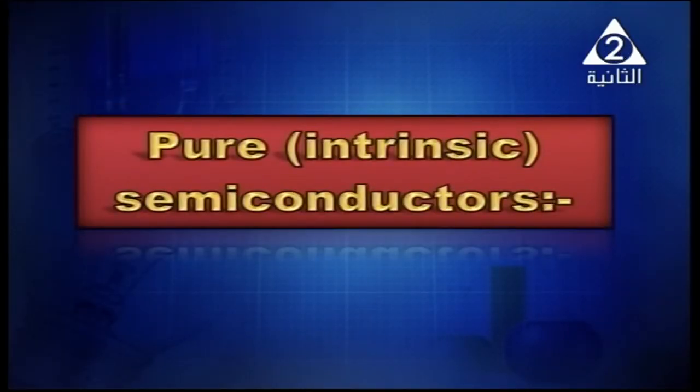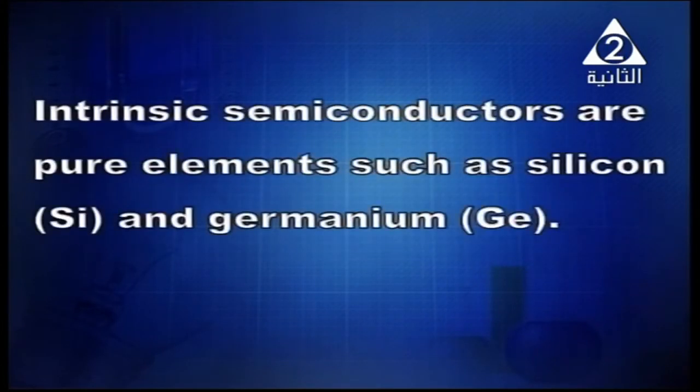And now talking about pure or intrinsic semiconductors. Intrinsic semiconductors are pure elements such as silicon and germanium. We prefer silicon, and you will be able to know why.